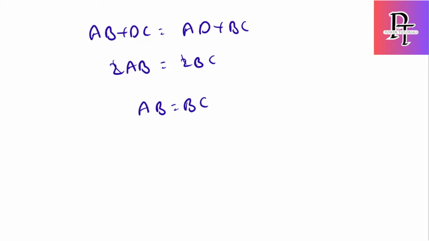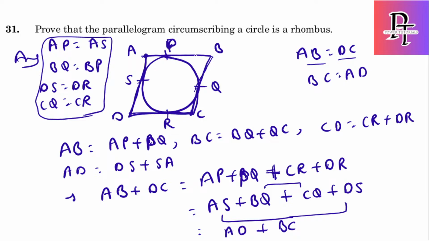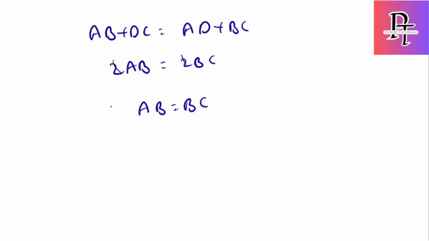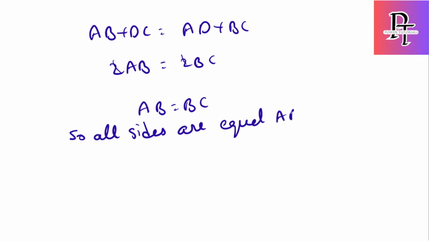If AB is equal to BC, and these two are already the same, then all sides are equal: AB equals BC equals CD equals DA. If all sides of a parallelogram are equal, it becomes a rhombus.